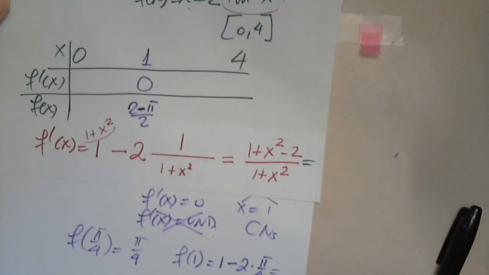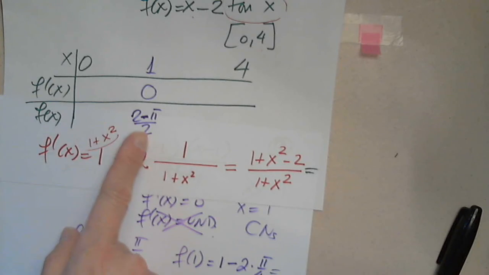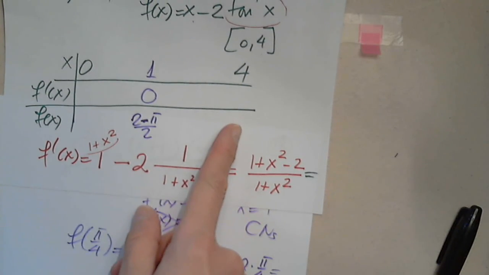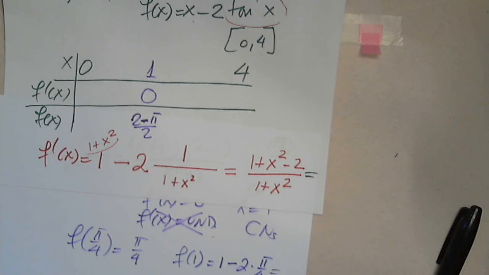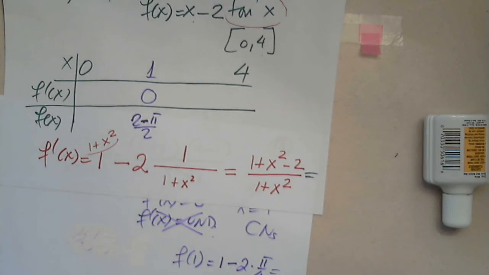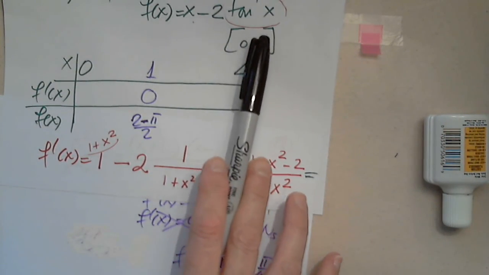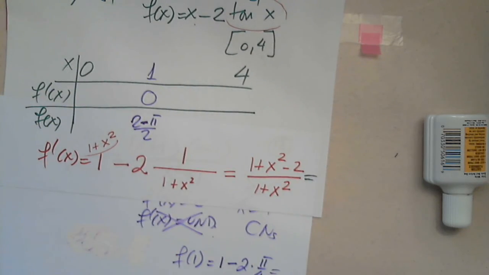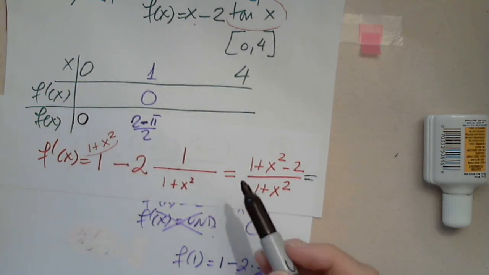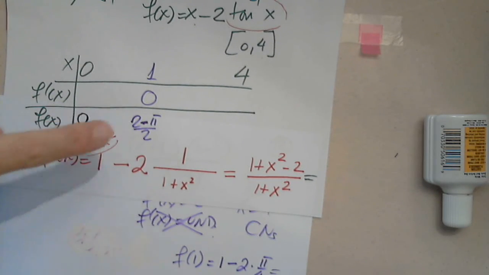Okay, so I have to approximate this, I have to punch in 0 and I have to punch in 4 and determine those numbers. Because I'm studying the function on a closed interval. When I plug in 0, arctangent 0 is 0, so this is 0.